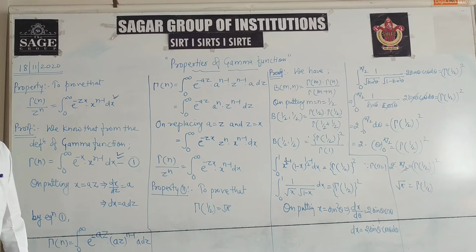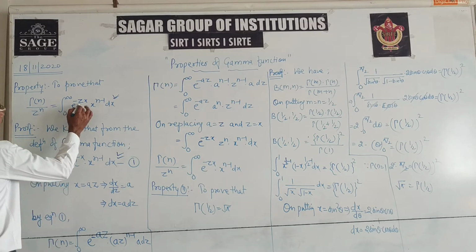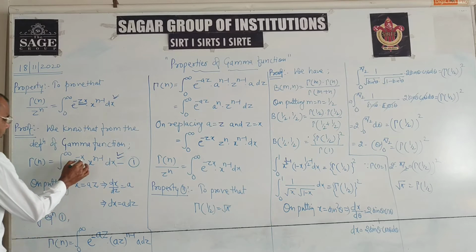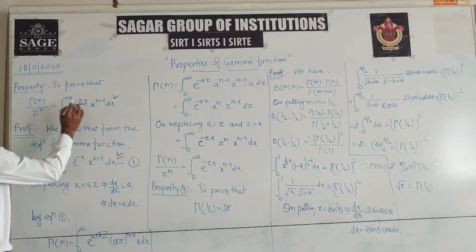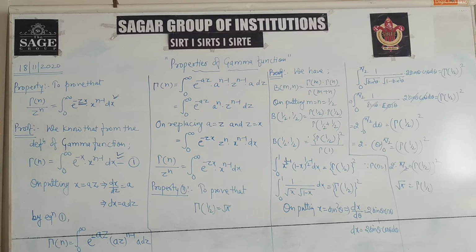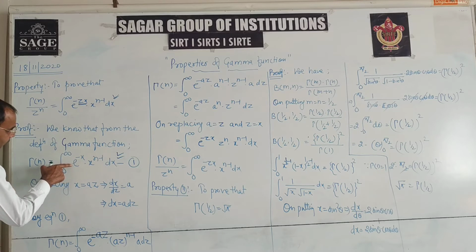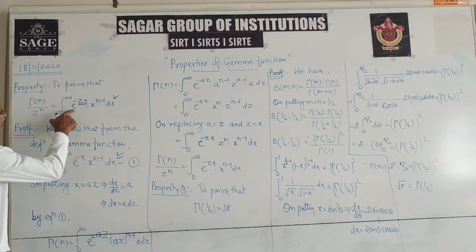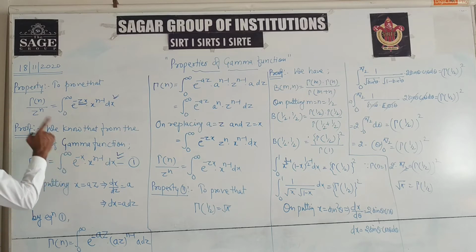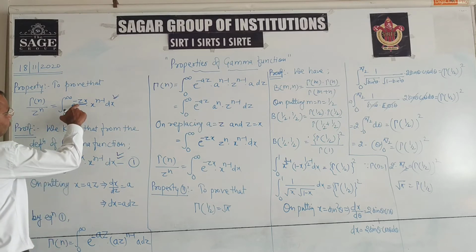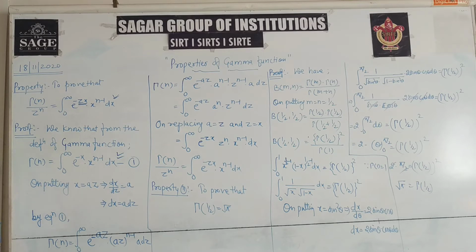The substitution terms are very important in the gamma and beta functions. In the proof, e to the power minus zx and e to the power minus x are the same except for the power: minus x equal to minus zx. This is a very important term.